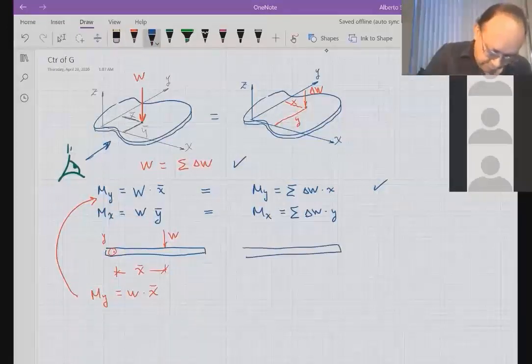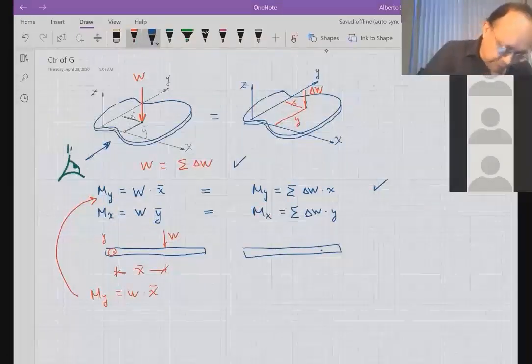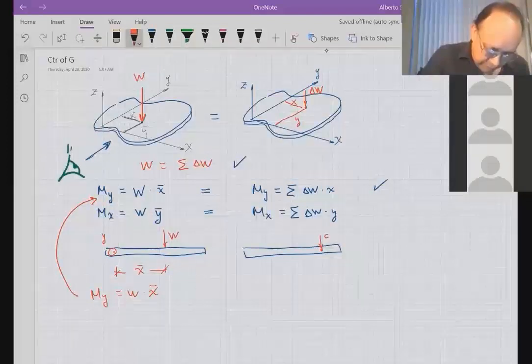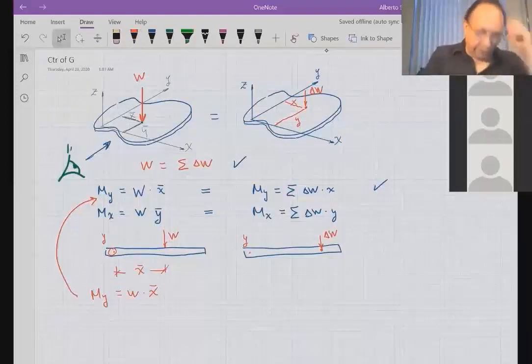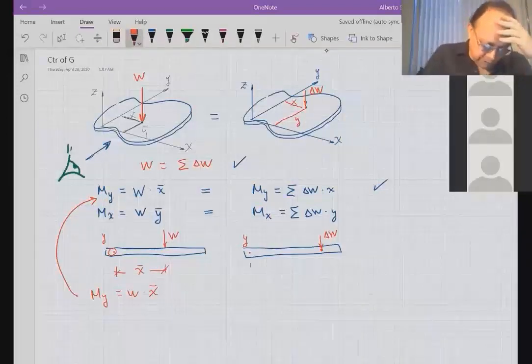What I'm doing here is that one of the particles that make up the whole plate is here. It is a tiny particle of weight delta W, and this is the point Y. It's not really a point, but an axis. It goes into the paper, and this is the distance X.